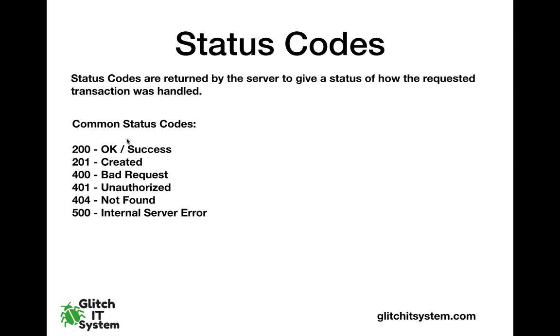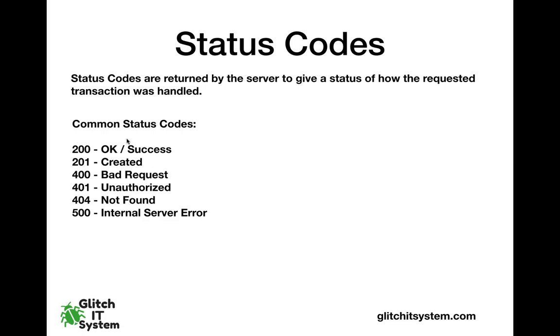So 200s are going to be like the happy path. These are good. Things are good to go. Everything looks good. That's what the 200 levels are for. 400s are called client-side errors. This is because you sent something, or the application sent something, to the API server that the API server knows is bad.